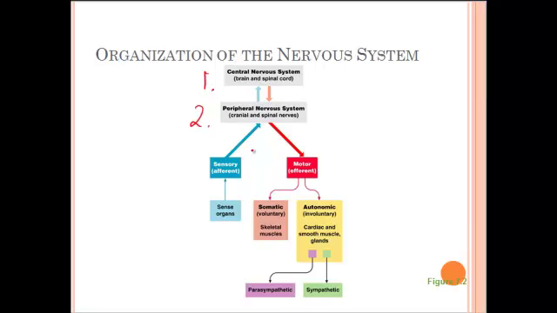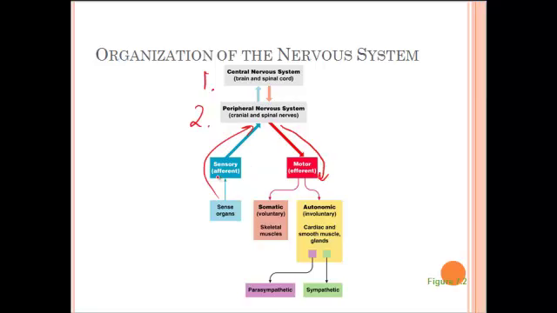Peripheral nervous system, we have the sensory system and we have the motor system. The sensory system is coming from the sense organs, taking this information, sending it back to the peripheral nervous system, and then it can be sent up to the central nervous system to be processed and then brought back. And then we have the motor system coming back out.